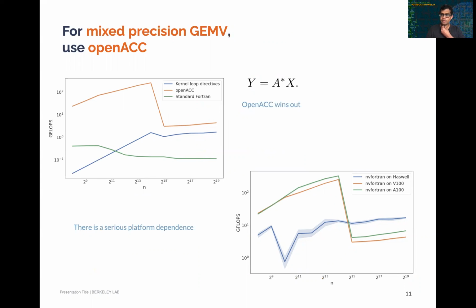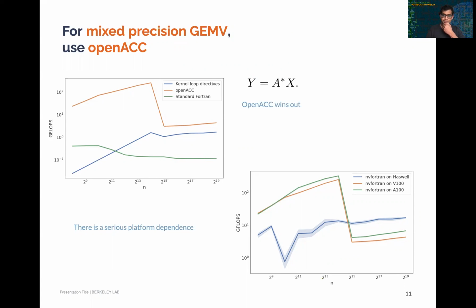And that results in something very strange. There is a performance increase all the way up to 2 to the power 14 columns, and then there is a sharp drop for both OpenACC and CUF kernels. This is on V100s, but the same thing happens on A100s, but it does not happen on the CPU.